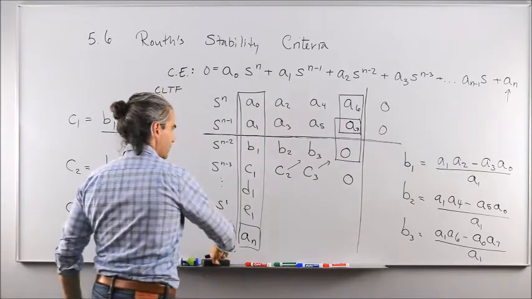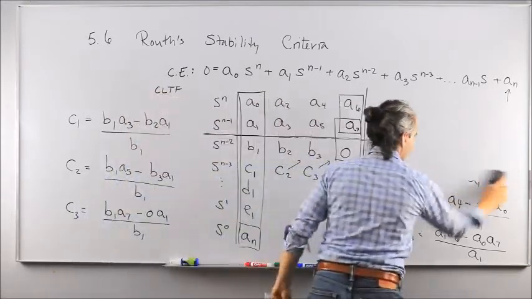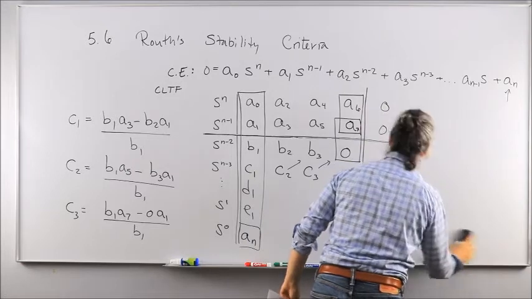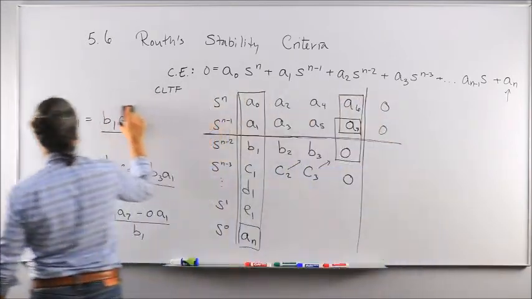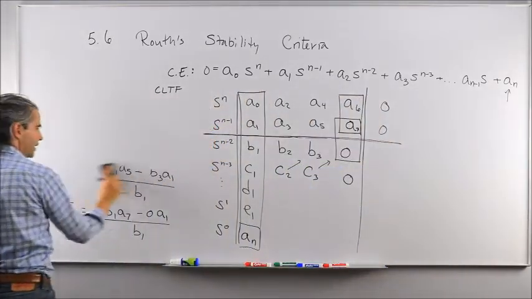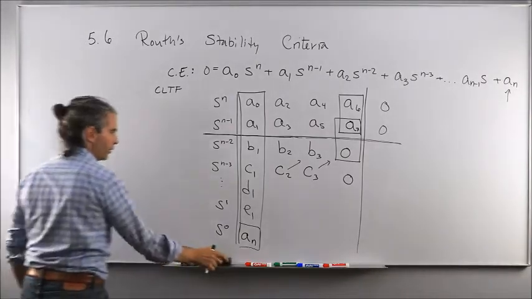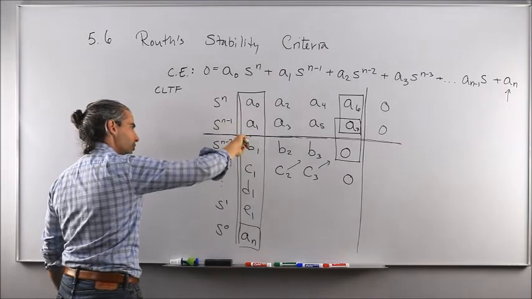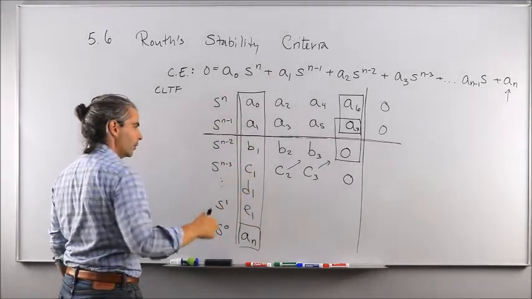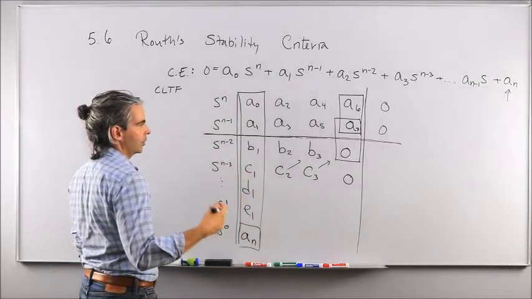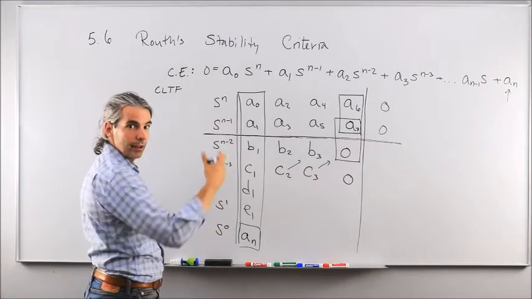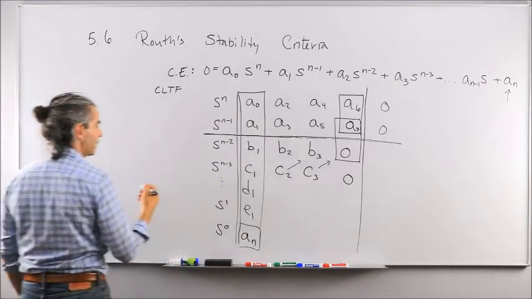Okay? So let me put that in words. And not only is this going to be an indication that you have an unstable closed-loop transfer function, but furthermore, the number of sign changes you will encounter in the first column will be related to the number of poles lying on the right-hand side of the complex plane.